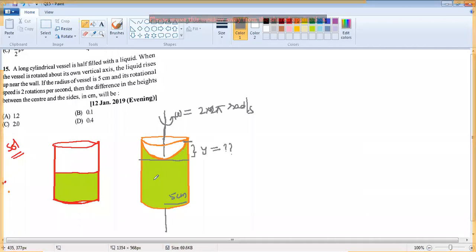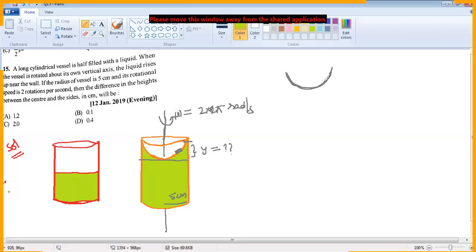This is the height. In the rotational concept, I already discussed the concept while taking the normal reaction at this point. So just look at here. The surface of the rotating liquid is in the shape of a parabola. Now let us take an elemental portion here, dm. This is the axis of rotation.